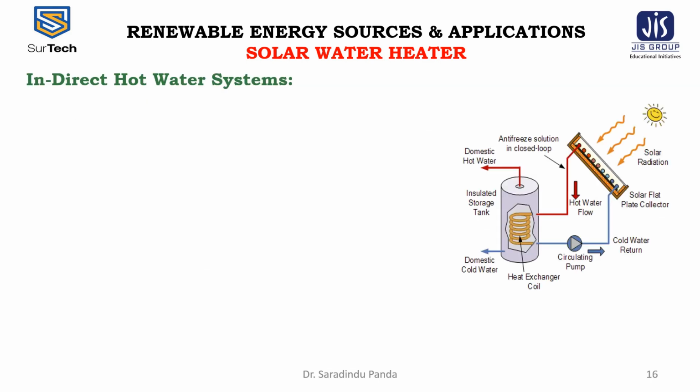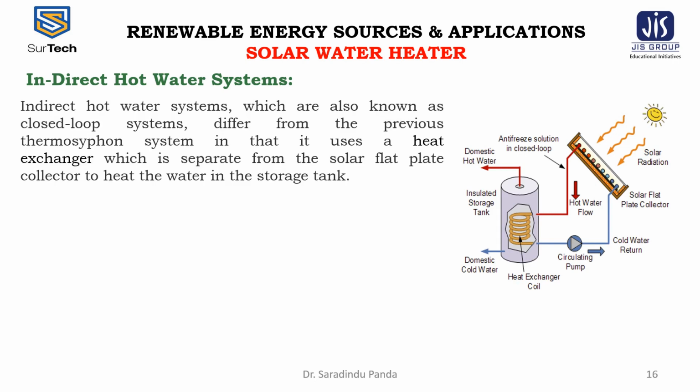Now, indirect hot water systems. Indirect hot water systems, which are also known as closed loop systems, differ from the previous thermosiphon system in that they use a heat exchanger, separate from the solar flat plate collector, to heat the water in the storage tank.